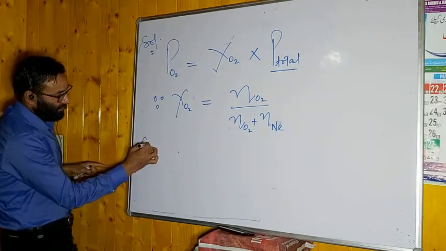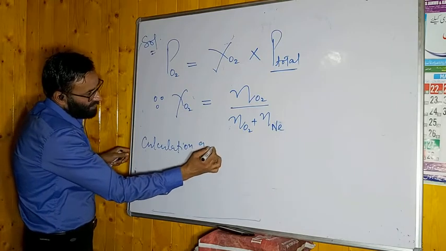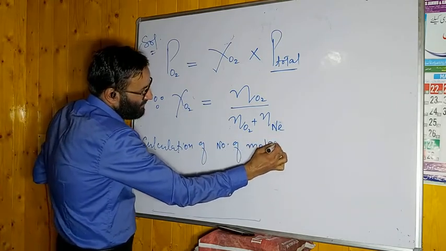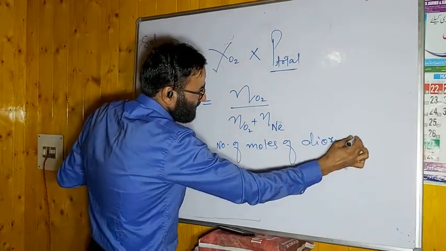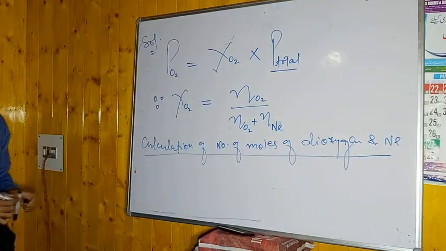You can now make this heading, calculation of number of moles of dioxygen and neon. First we calculate their number of moles. Remember this point.